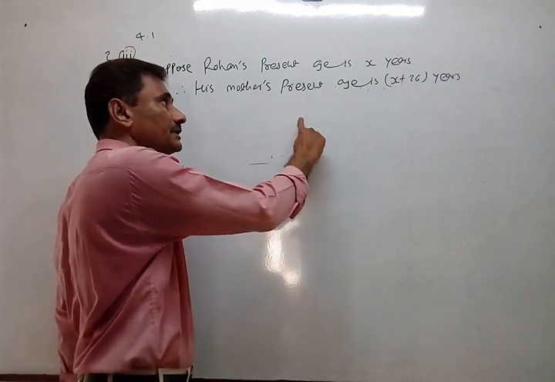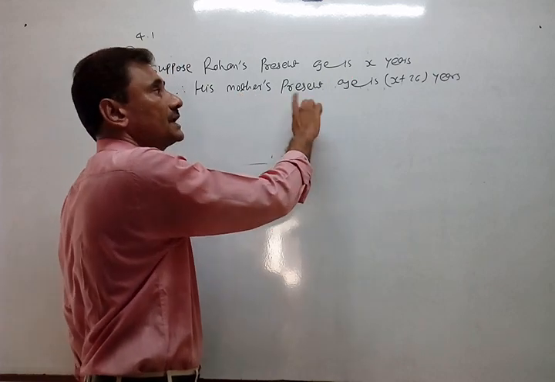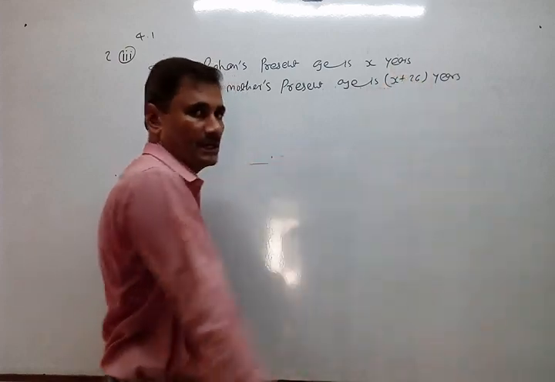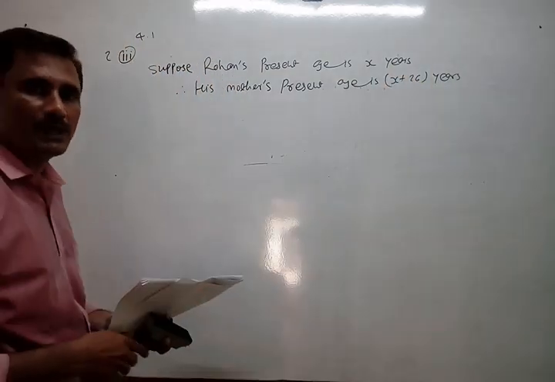If you want, you can write 2 extra steps also. Rohan's age after 3 years is equal to x plus 3, and Rohan's mother's age after 3 years is equal to x plus 26 plus 3, which is x plus 29, but no need to write it. If you want, you can.